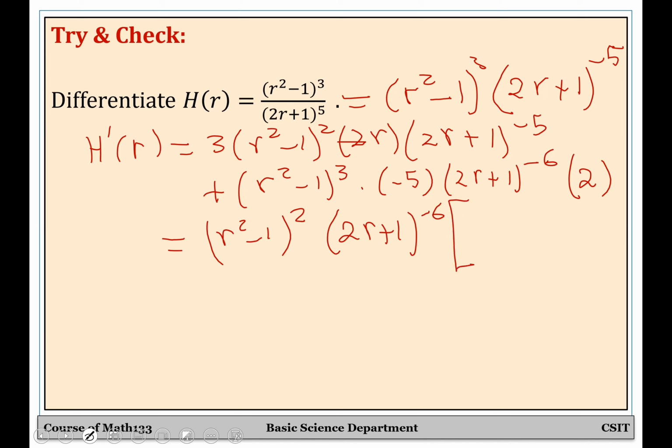I will open the brackets and then, sorry, there is 2 here. There is 2 like a common factor. You can see very well here. So 2 and these 2. Okay, so I will take 2 as a common factor also. And then I will put 3 times, since I put here minus 6, so it will give (2r plus 1) power 1 to make it minus 5.